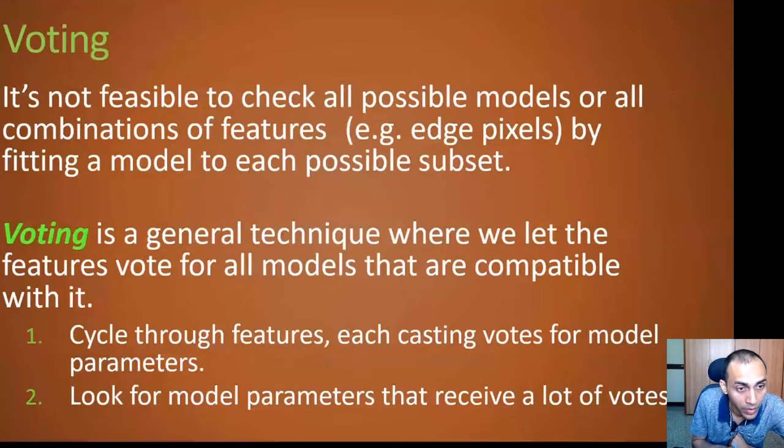We had already explained what the problem is in model fitting. The problem is the data points are too many, and it is not possible to check all possible models or all combinations of features by fitting a model to each possible subset.